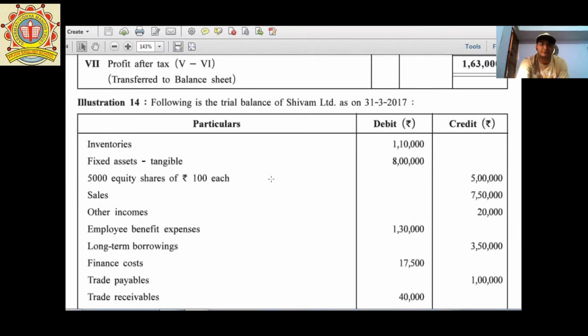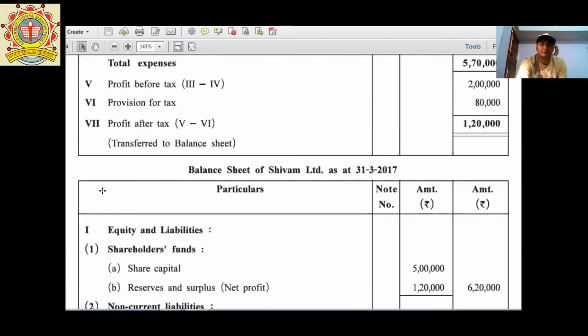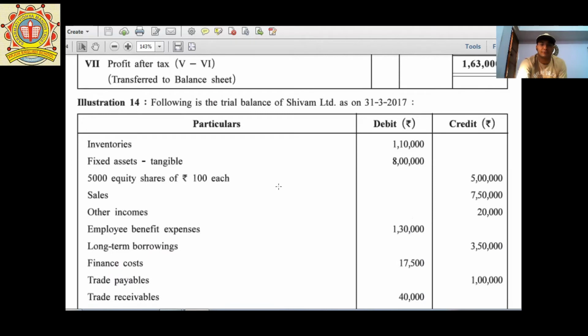Next one, equity share capital. Equity share capital is part of equity and liability under the heading of shareholders' fund. We have to present it for 5 lakh rupees. Next one, sales. Sales is a part of the statement of P&L account, where revenue from operations denotes sales.